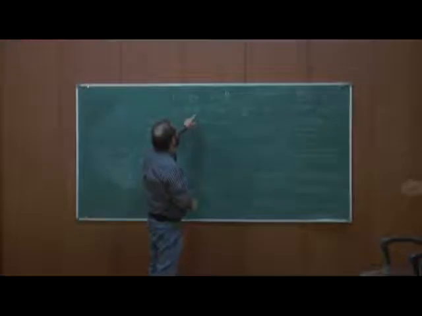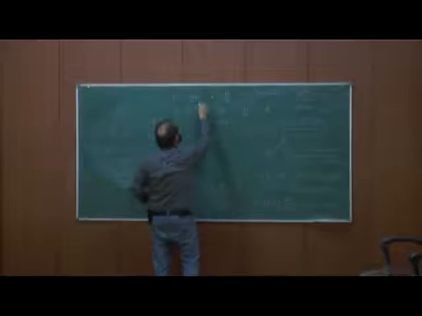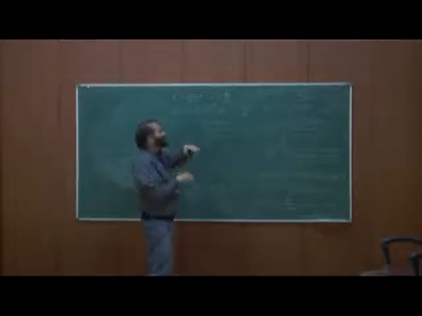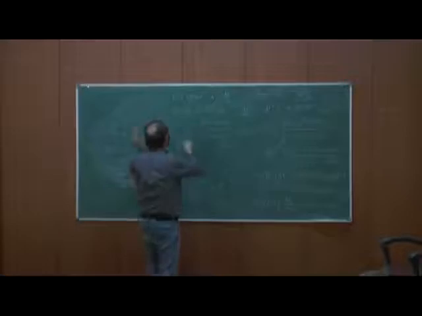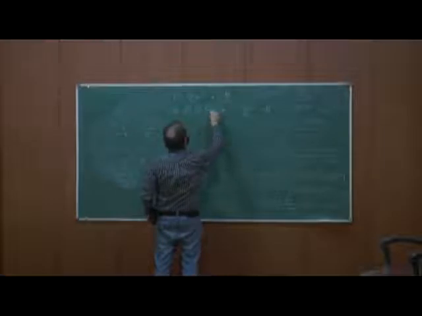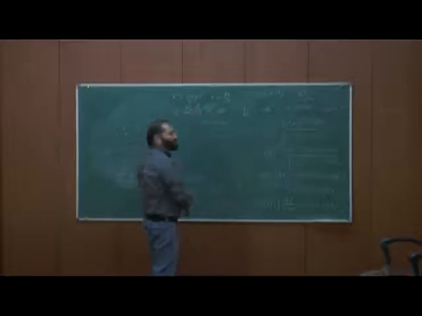This is rho a squared. But a is dimensionless, right? It's a scale factor, right? So the dimensions are correct. So if you change this, these things cancel, and this thing cancels. So the dimensions are correct.